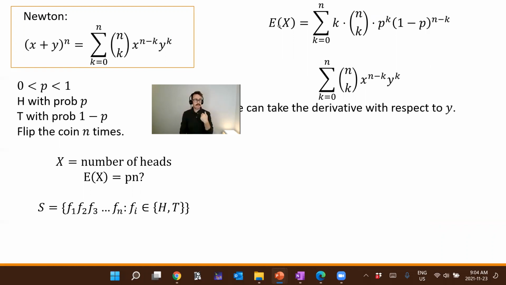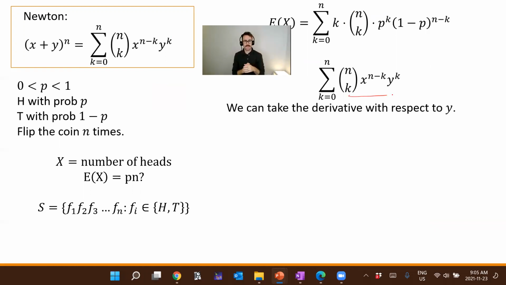Okay, so if we take the derivative of this with respect to y, we have this general form, and we want to get to a general form that looks something like this, right? So here, x is equal to 1 minus p and y is equal to p. If we take the derivative with respect to y, this is just a bunch of terms that we are summing up. So for each individual term, we have x to the n minus k, y to the k.